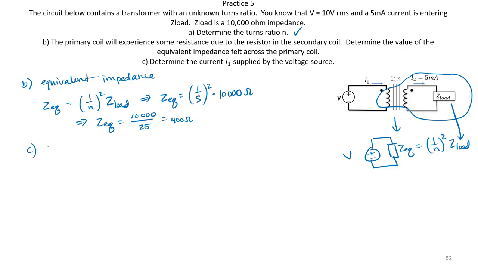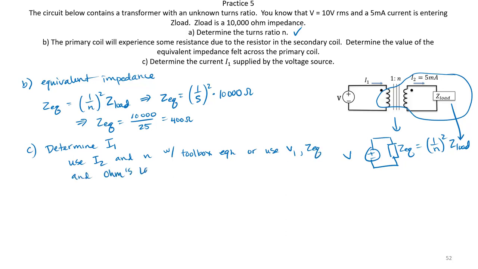Finally, our last step is to determine our current I1. There's multiple ways to do this. We could use I2 and N with the toolbox equation, or use V1, Z equivalent, and Ohm's law. Here I'll go ahead and use the toolbox equation with I2.